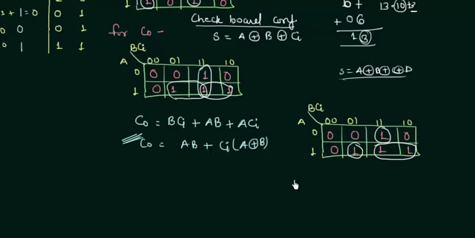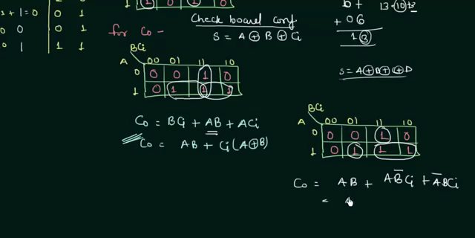Let's see what we get. From this group I get A B, as before, from this one A B complement Ci, and from this one A complement B Ci.